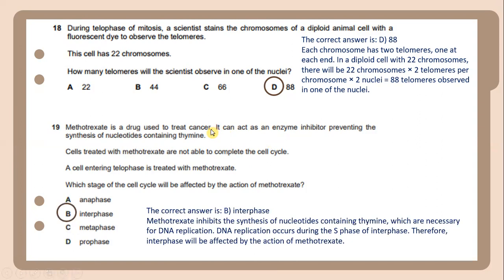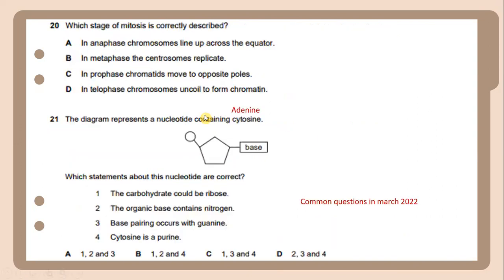The answer is interphase. Methotrexate inhibits the synthesis of nucleotides containing thymine, which are necessary for DNA replication. DNA replication occurs during the S phase of interphase. Therefore, interphase will be affected by the actions of methotrexate.